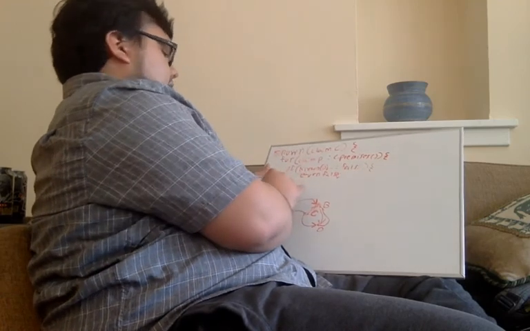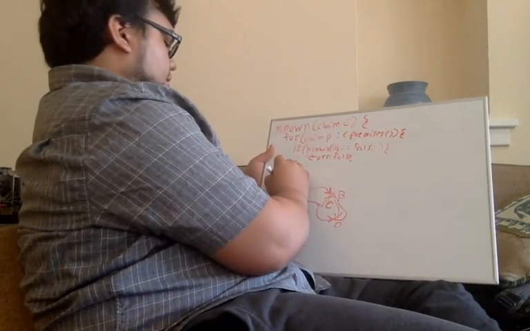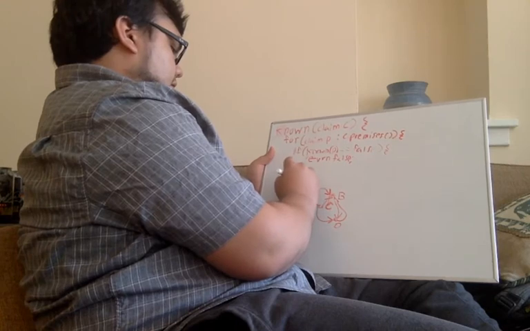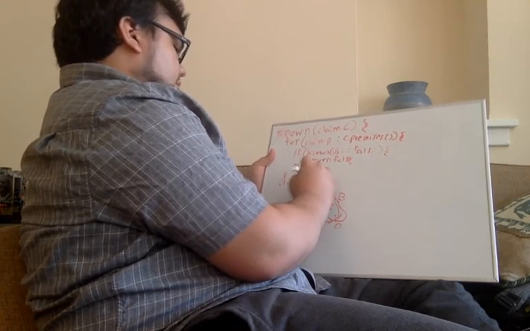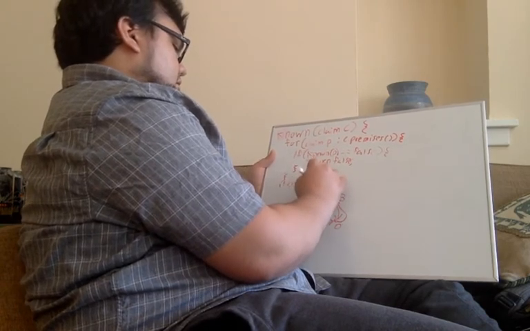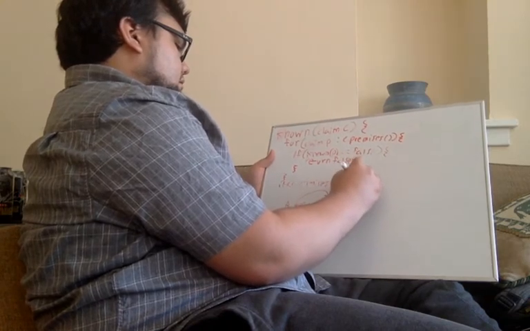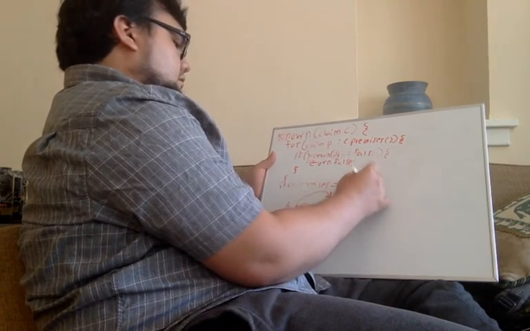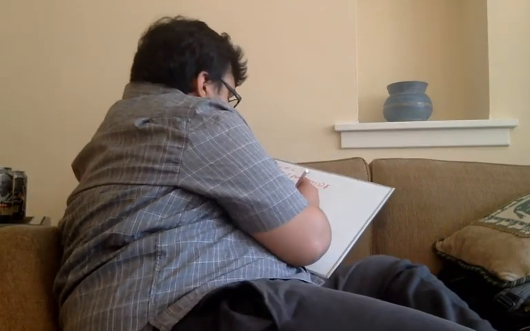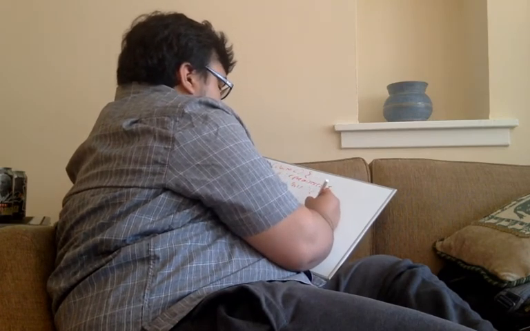So it goes through. It's a really inefficient program, but okay. I'll add that in now: if C dot premises equals null, if it doesn't exist, then return false.